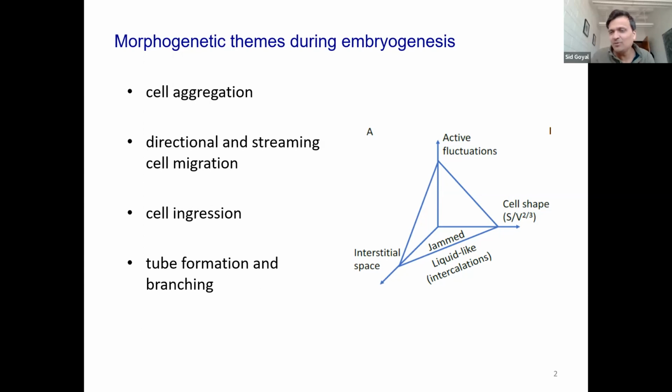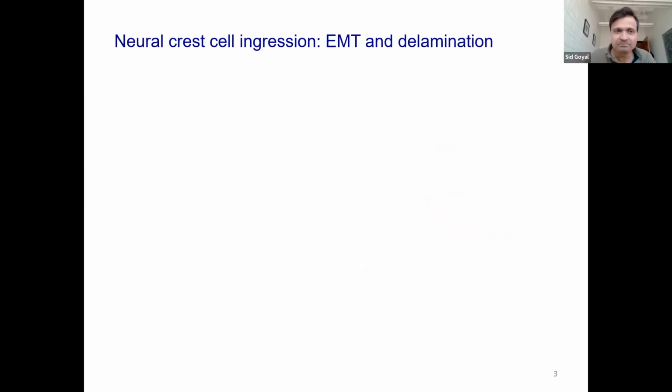The other is maybe you don't need everything. You just need to figure out how cells are using the molecules to run these mechanisms, and then we can get to in vitro problems in a different way, rather than a very molecular way. So let me go to the neural crest problem.